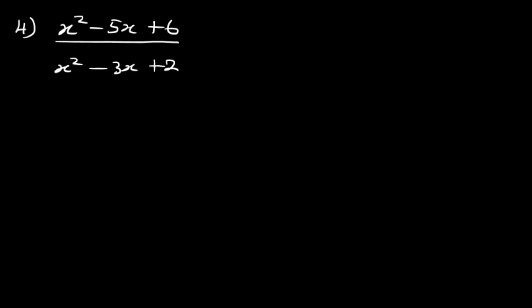So recall, in quadratic expressions, we can factorize them using the factorization method. So if we have something like x squared minus 5x plus 6, we need to think of numbers with a product of 6 and a sum of negative 5. And negative 3 and negative 2 can satisfy this condition. Negative 3 times negative 2 will give us positive 6, and negative 3 minus 2 will give us minus 5.